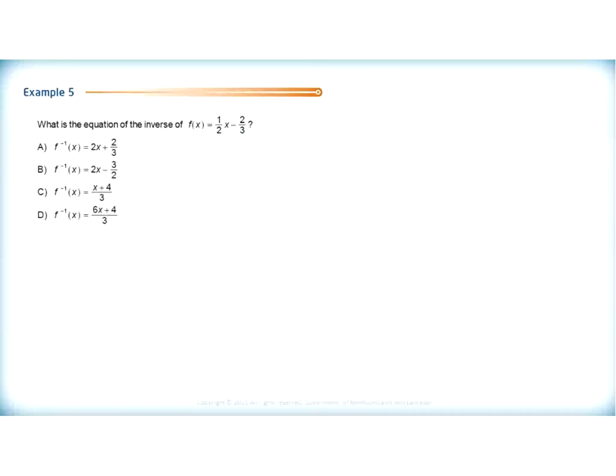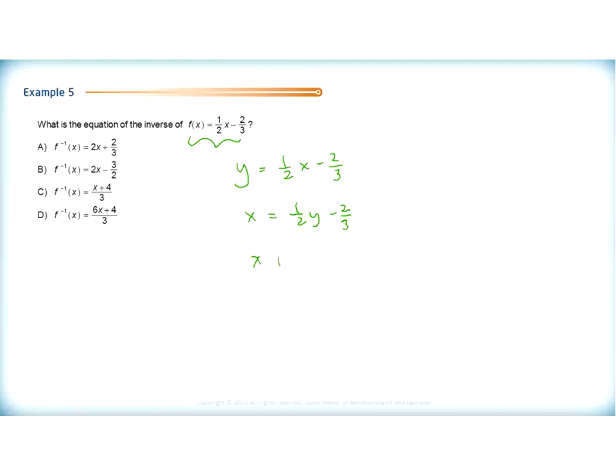Example 5. What is the equation of the inverse of this function? Again, let's start with y equals 1/2 x subtract 2/3. If I want to find the equation of the inverse, I switch x and y, and I proceed to solve for y.